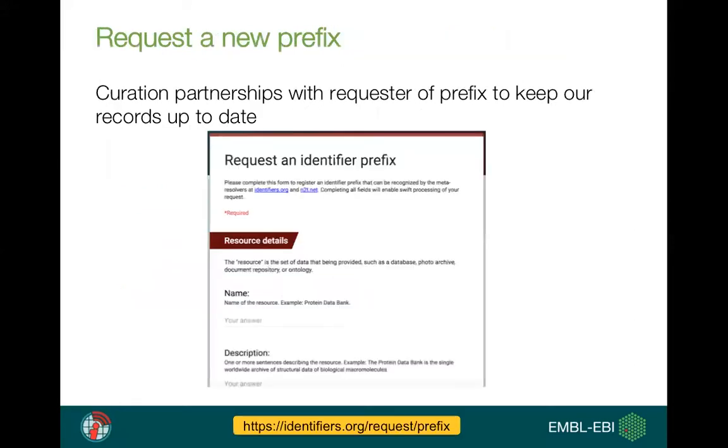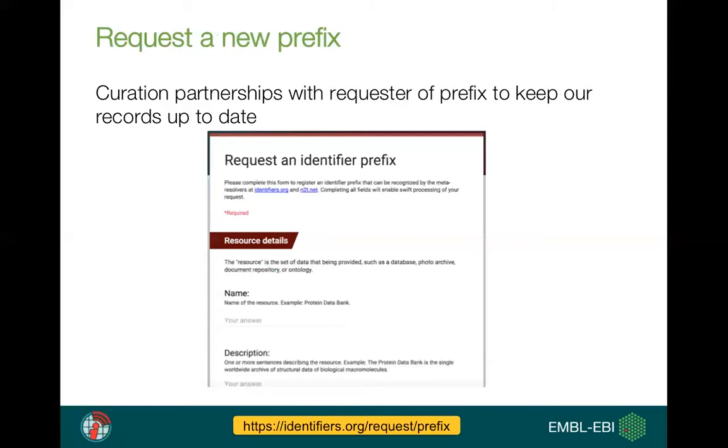So if you have a resource that we don't already have in our registry, then what you need to do is fill in a prefix request form, and that has all the information that we require to store to support resolution for your data resources, and we could assign a prefix for your resource.